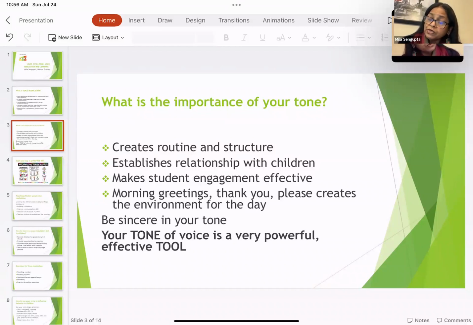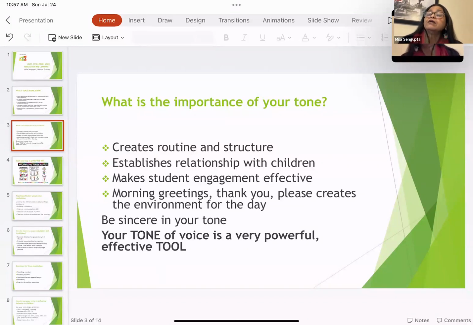And always remember that it is you who sets the tone at the beginning of each day. It is you who is the positive role model for children to learn from. So always be sincere in your tone.